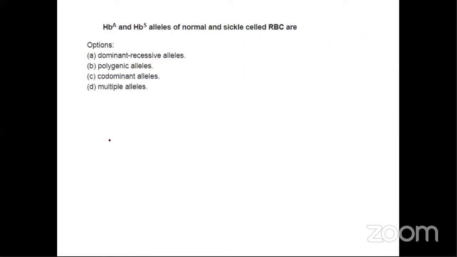Next question, HbA and HbS alleles of normal and sickle-celled RBCs are. Very good, Kashish. Mahek, good. कृष्णा बेटा मल्टीपल एनालिज्म कैसे होगा?